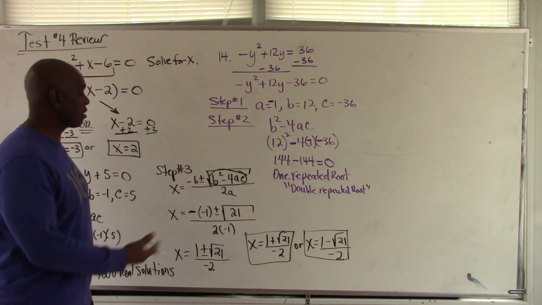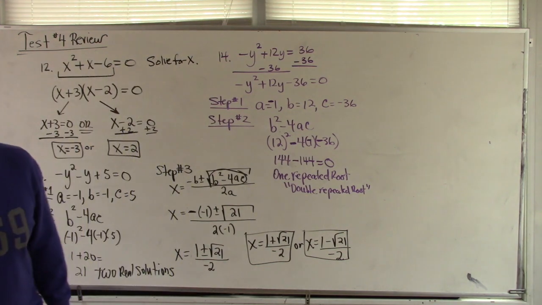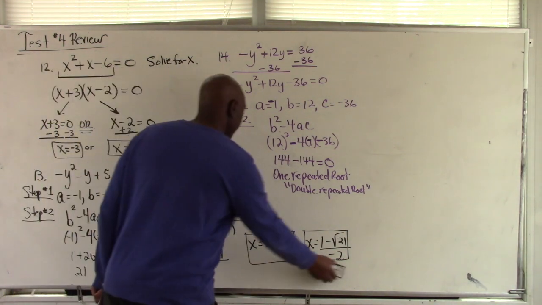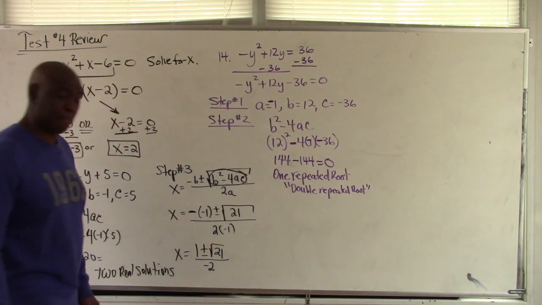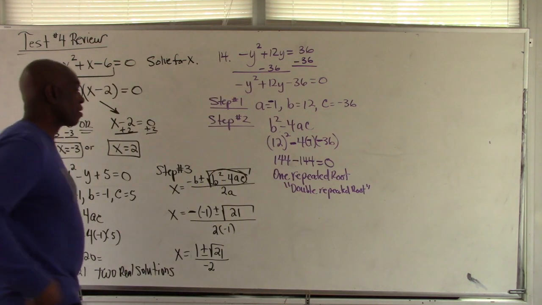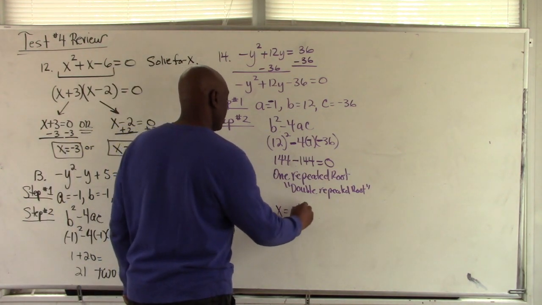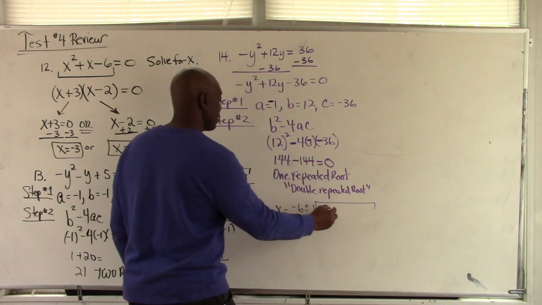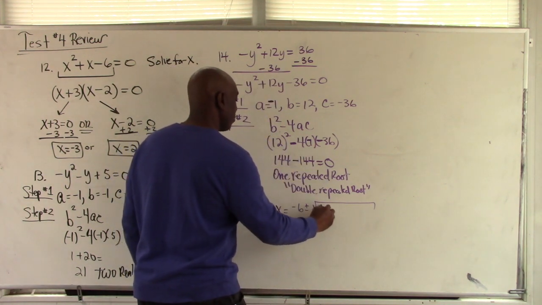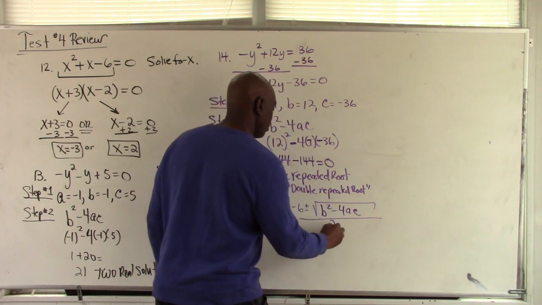All right, now let's go ahead and put it in the quadratic formula. Let's find out what the roots are. So we're going to have x equals negative b plus or minus the square root. Well, I know what this is already. Well, let me write it out. B squared minus 4ac all divided by 2a.